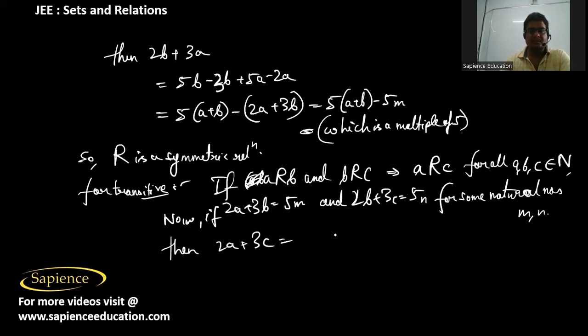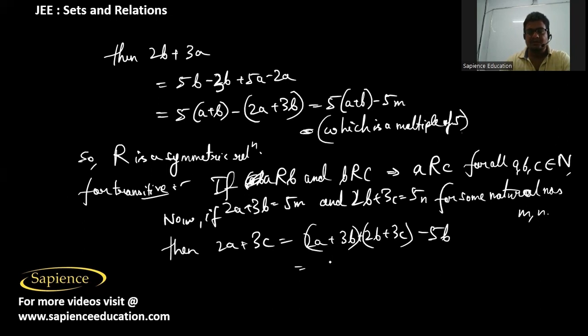2A plus 3C, that you can write as 2A plus 3B plus 2B plus 3C minus 5B. Since 5B will come if we add them, and 2A plus 3C is already there.